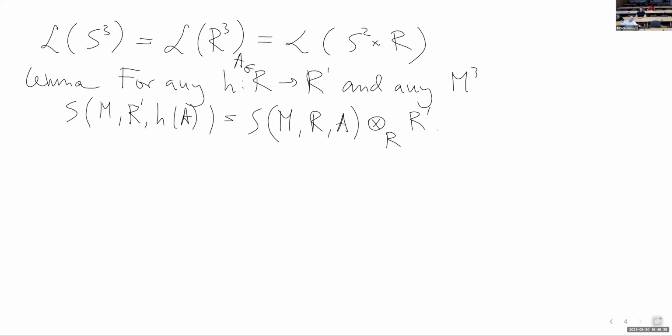So that's not difficult homological algebra. And what it means is that for the sake of computing skein modules, it's enough to consider just Laurent polynomials over Z.